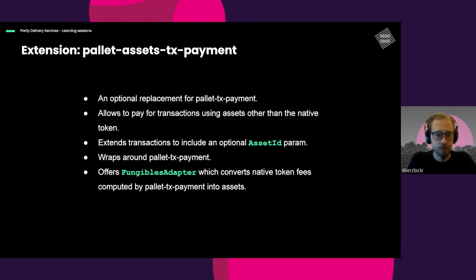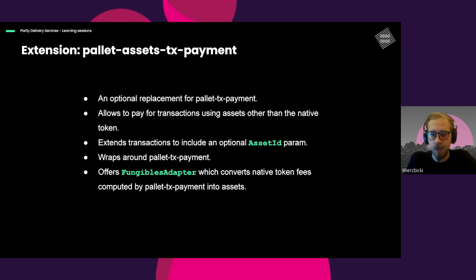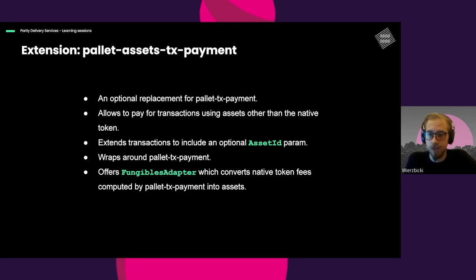I would like to discuss briefly an extension to transaction payment, which is called assets-tx-payment. As Ayush already said, it is an optional replacement which allows paying for transactions using fungible assets other than the native token of the chain.